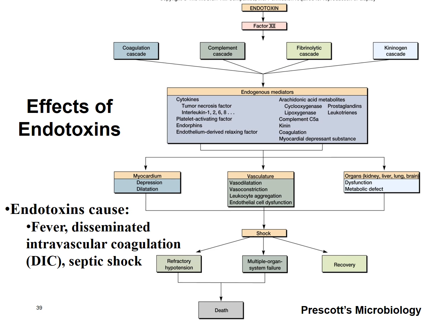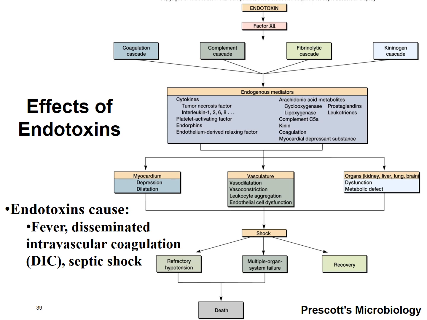You don't need to know this flowchart, but it's just showing you that if you have a release of a large amount of endotoxins, if you have a lot of gram-negative dying all at once, you can get some pretty serious problems being triggered in your body. So besides the fever, we can also get what's called disseminated intravascular coagulation, or DIC.